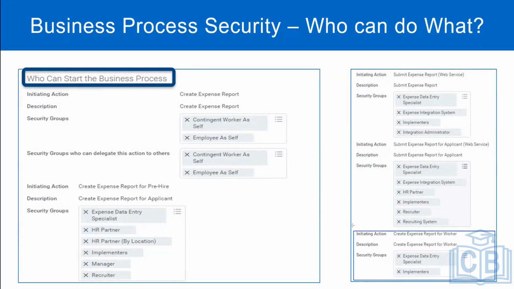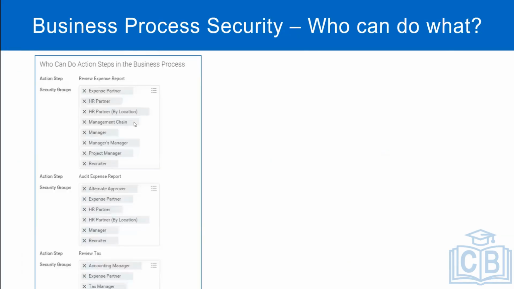Nobody else. You see, the manager can do it only for an applicant. The employee can do it for themselves, but an expense data entry specialist or an implementer can do it for other people. This is controlled by the business process security policy in the section which talks about who can start the business process. Then we go to another section which talks about who can do what.